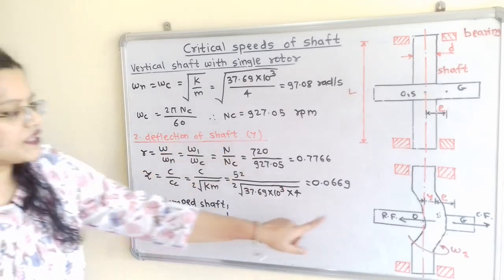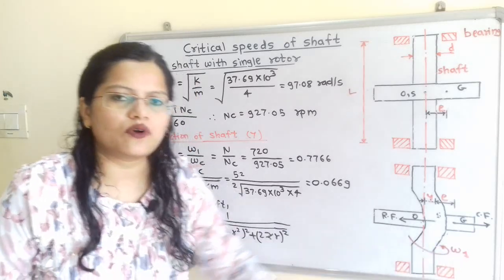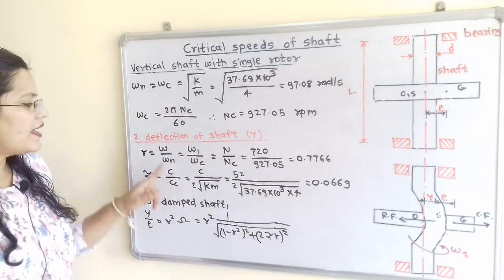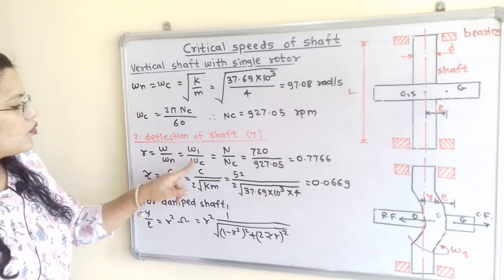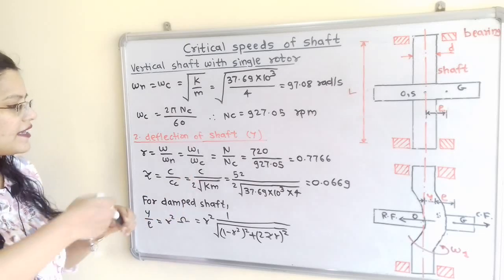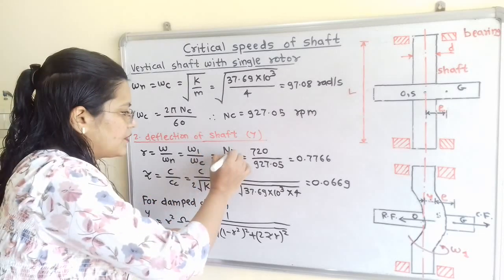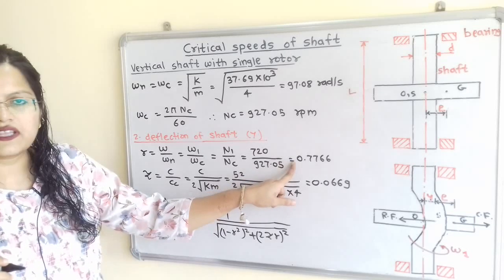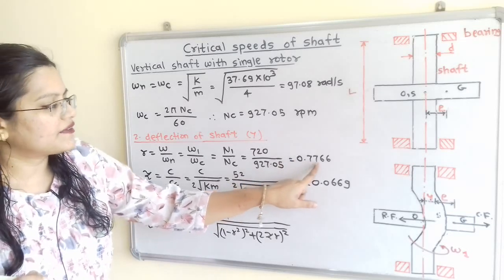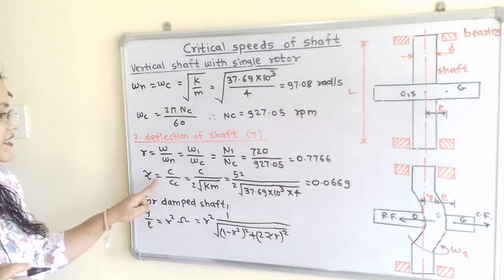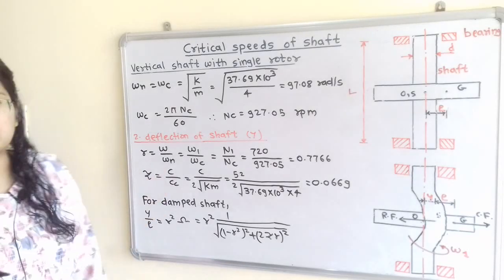Here the shaft rotates with omega 1, so omega is equal to omega 1 and omega n is equal to omega c, which gives N1 by NC. N1 is 720, NC is 927. So the ratio is 0.7766.